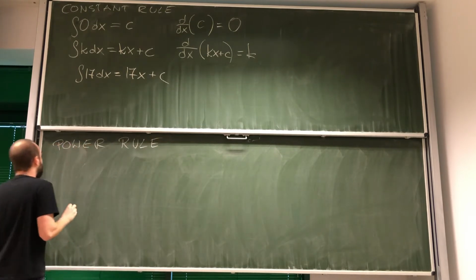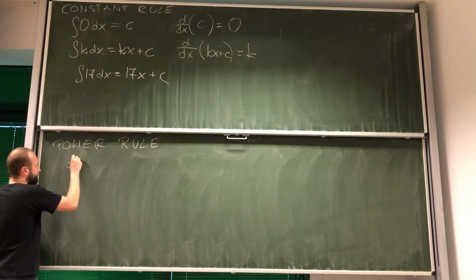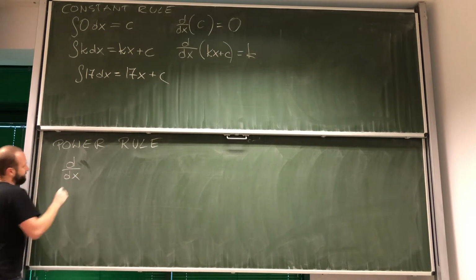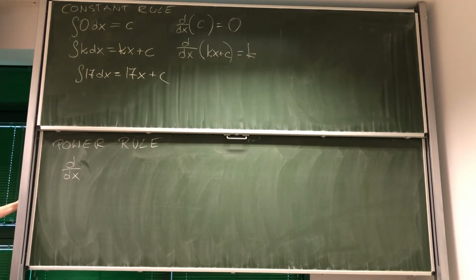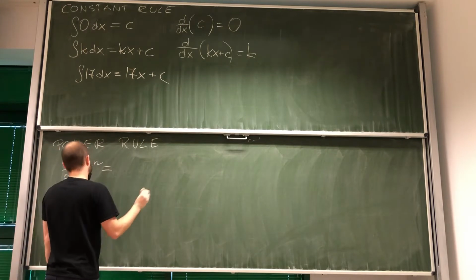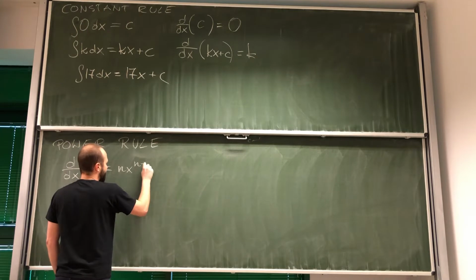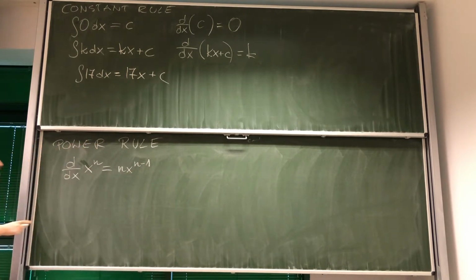Okay, let's start by remembering what the power rule for differentiation looked like. We had that the derivative of x to the power of n is equal to n times x to the power n minus 1.